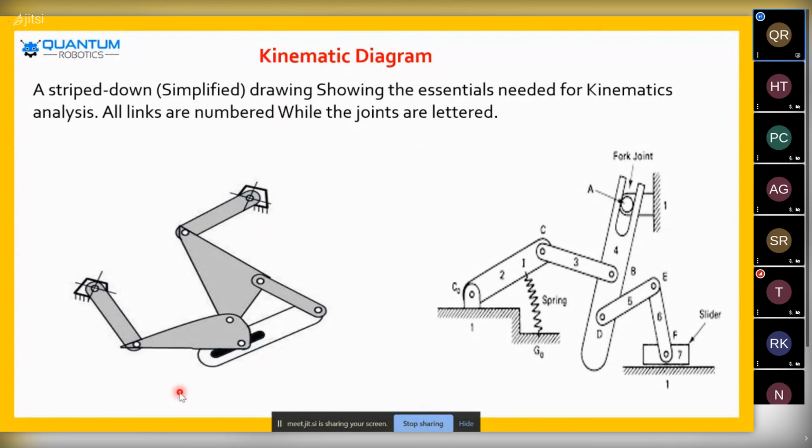Now here we have one base, and it gives the interconnection between the base and a particular angle member, and this angle member is also interconnected to another angle member.